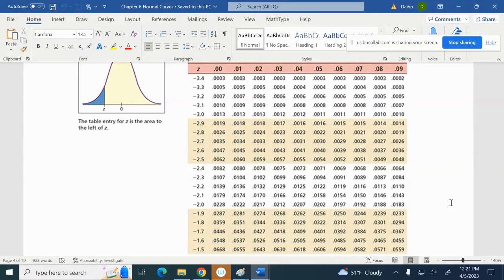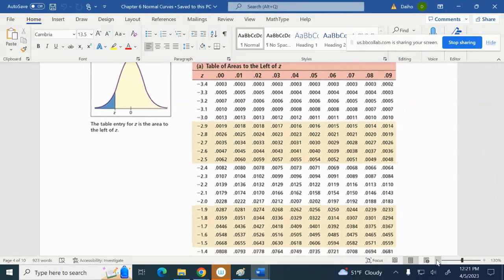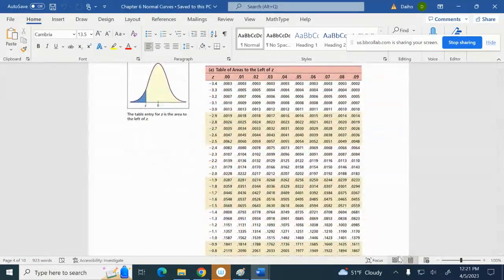I want to try another one, 80%. 80%, 10%. Where is the 10%? 0.1. Oh, it's this. Then I have to look for 0.1. Where is the 0.1? 0.1 must be here, right? Then I can expect the Z-score must be 1.285.